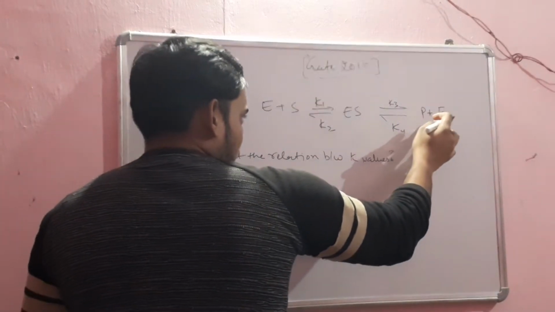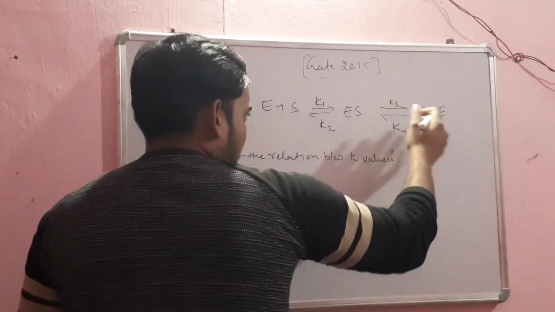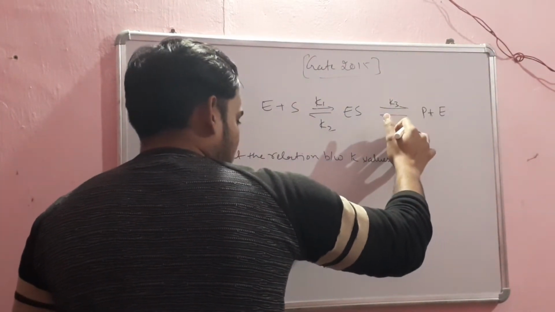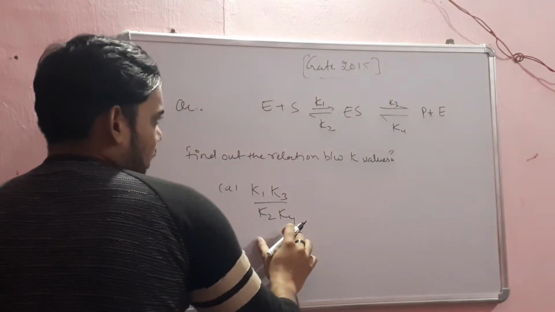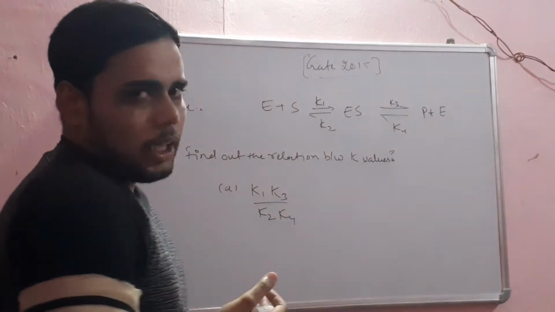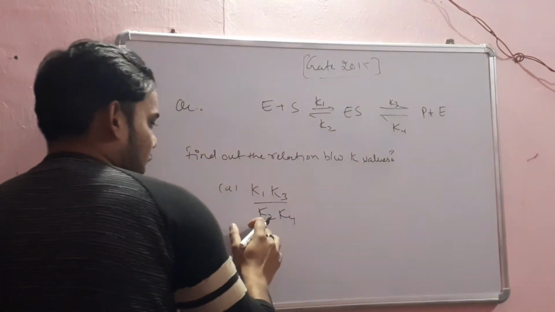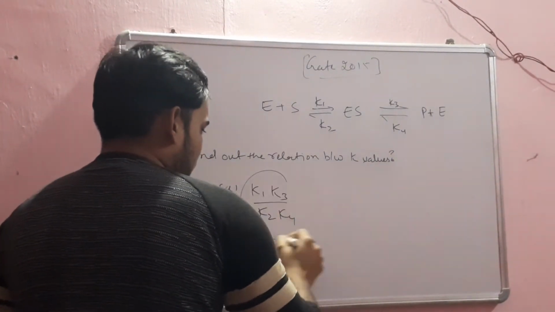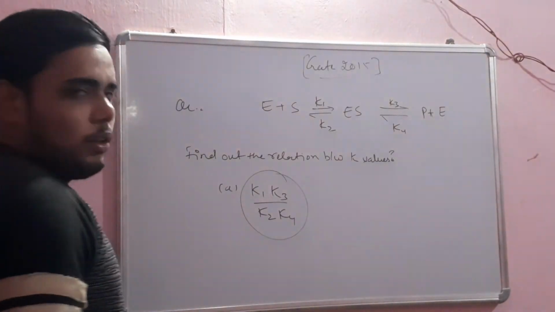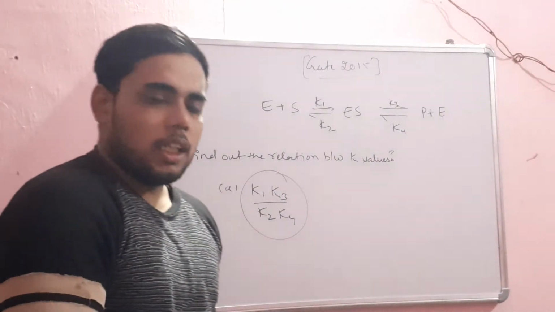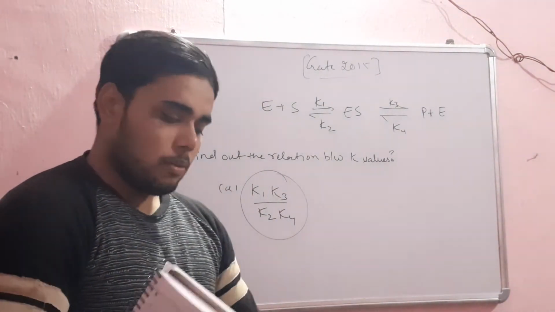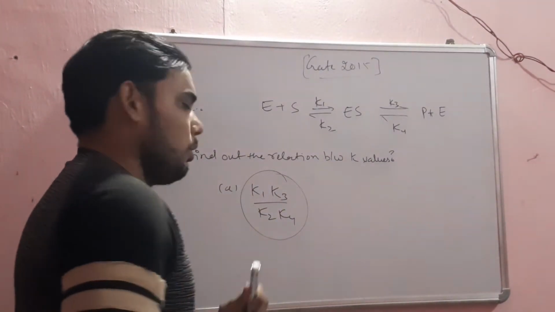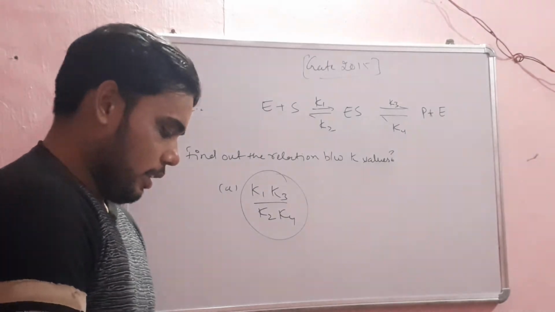When this reaction is seen in the reverse order, you can see here k4 and k2 are describing the reverse direction reaction, so it is k2 into k4. This is your final answer. There are many combinations of the answer given in other options, but this is the correct one. So you have to correct this like this.